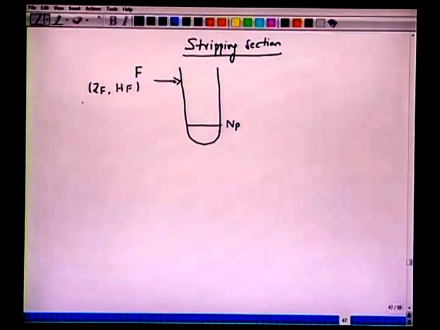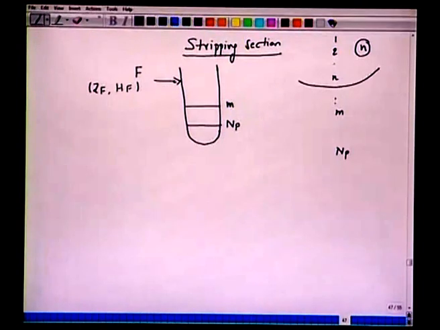All right. Any arbitrary plate in the bottom part of the column we represent with M. The nomenclature we used for the rectifying section was N; here we have M for our convenience. All right. So the counting still starts from the top, 1, 2, up to N, and continues with M, and the last plate is NP. So we have this envelope here, and we are looking at this bottom part.